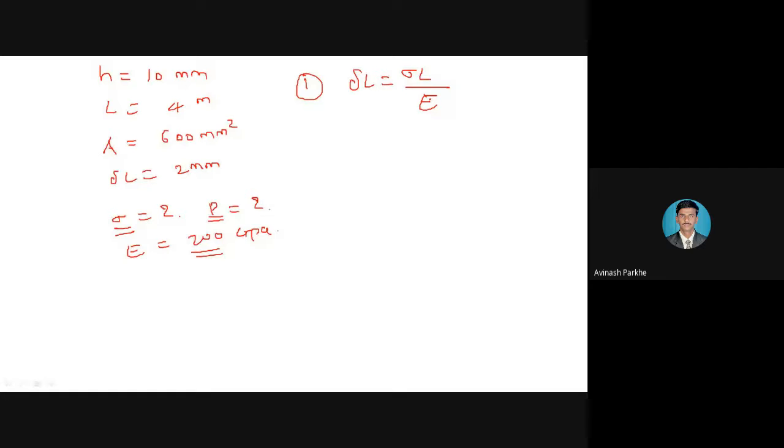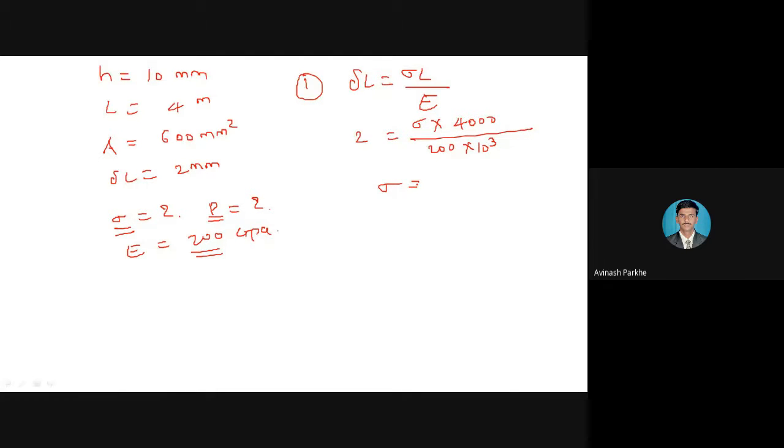Yes, what will be the answer? Please check. Deformation is given, 2 mm. Sigma we have to calculate. Length is given, 4000, divided by Young's modulus, 200 into 10 raised to 3.